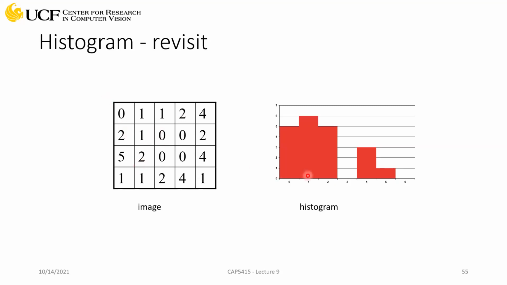So if you look at 0, we have a 0 here, 2, 3, 4, 5. So that's the frequency. For 0, we get 5. Similarly, you can count the number of pixels which have intensity 1. So this is 3 and 6. Similarly, for 2, it's close to 5. We don't have any pixel with intensity 3, so it's 0. And similarly, you can count for 4 and 5. So this is called the histogram of your intensities.